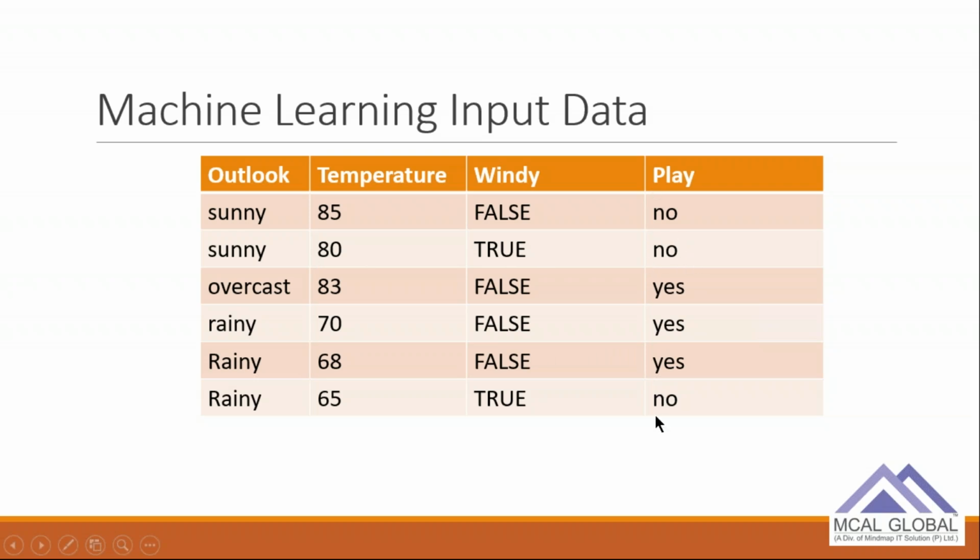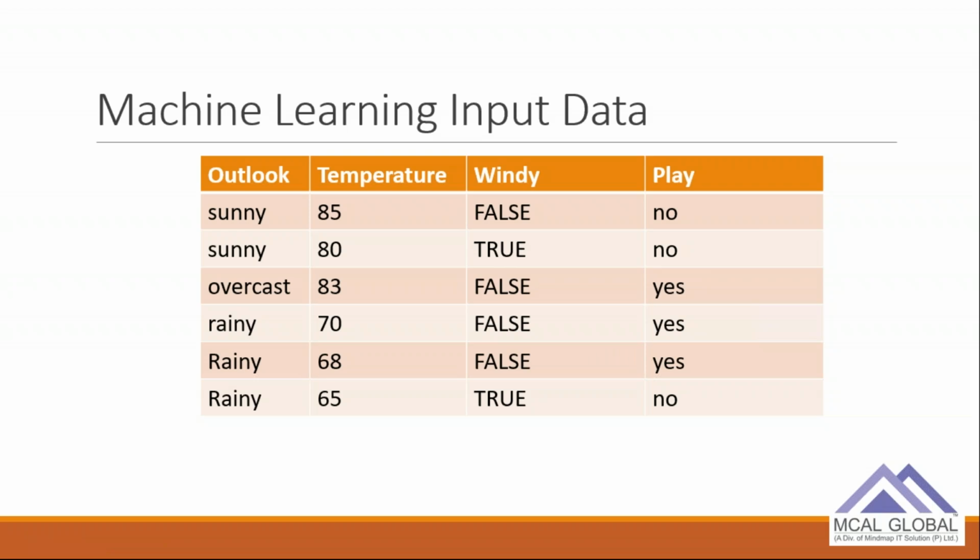So someone has done this supervision. Every particular row has a particular output assigned to it. And what does this output look like? This output is basically yes or no. So it is of two classes, whether I want to play or don't play. There's no third thing, no maybe. There are just two outputs. So this is called a classification problem, which falls under the supervised machine learning techniques.